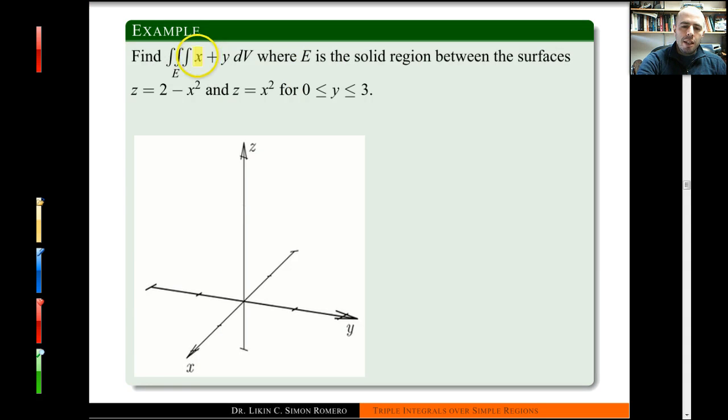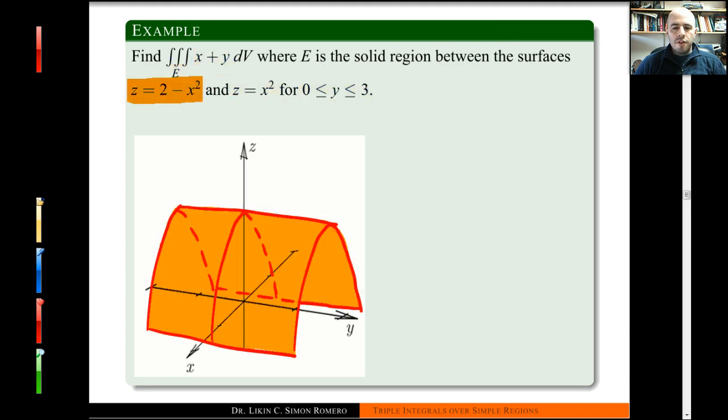Suppose that we're integrating this function over the region E, and the region E is the solid between these two surfaces in three-dimensional space when y goes from 0 to 3. First of all, we have to visualize how this solid looks. So z equal to 2 minus x squared is a parabolic cylinder, just like in the picture.